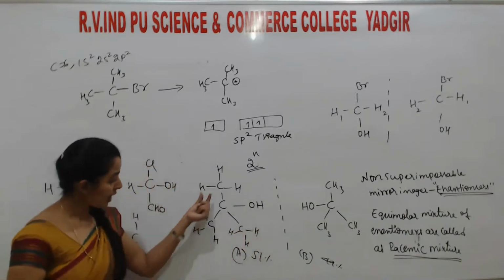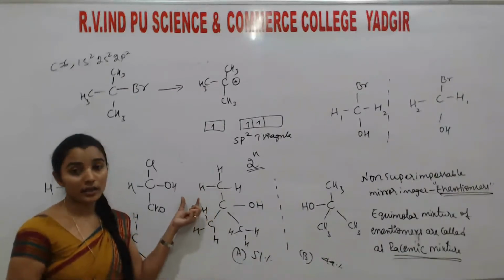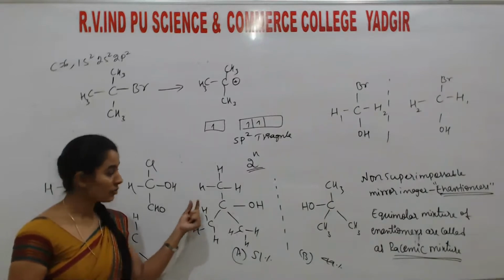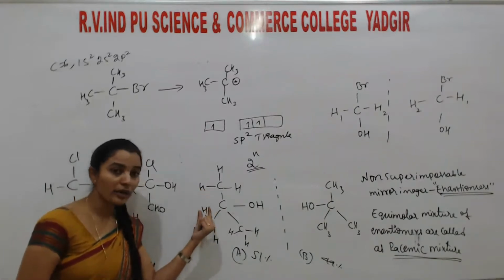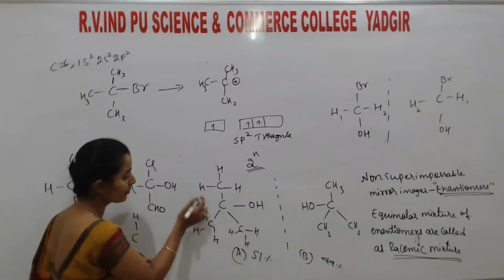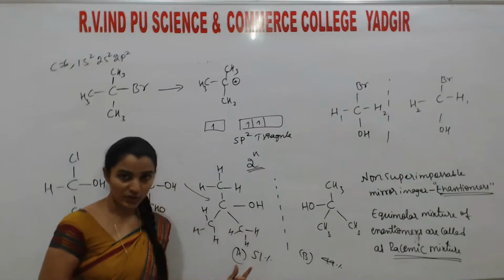Correct? As there are more atoms here, steric hindrance is introduced. Steric hindrance means repulsion. So these atoms avoid the incoming of the OH group from this direction. That's why this is the minor product, and this is the major product.